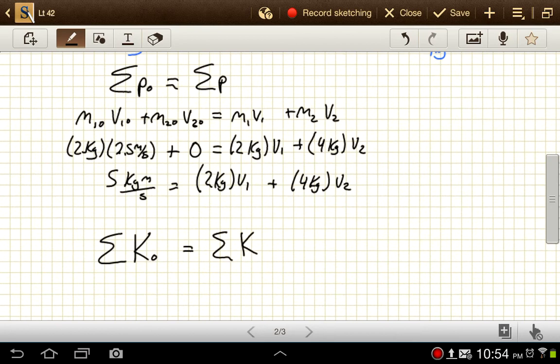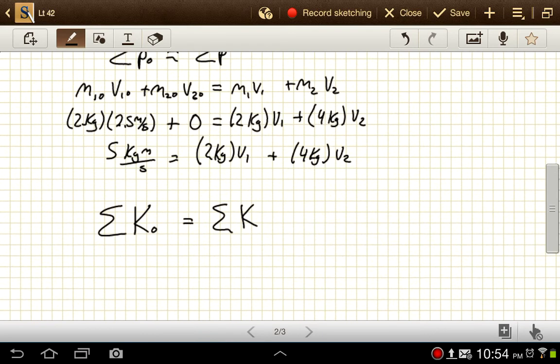So kinetic energy is 1/2 mv squared, so this will be 1/2 m1 v1 naught squared plus 1/2 m2 v2 naught squared is equal to 1/2 m1 v1 final squared plus 1/2 m2 v2 final squared. And now we can plug in.